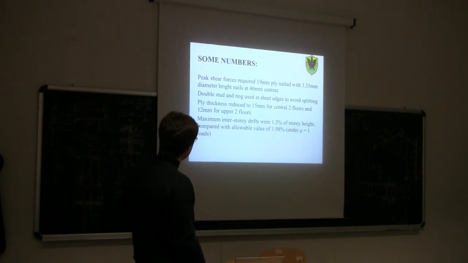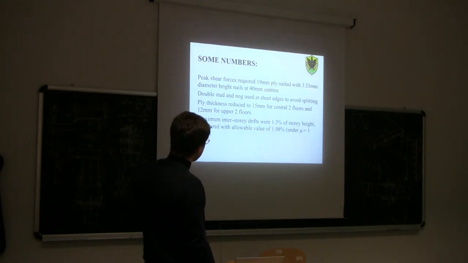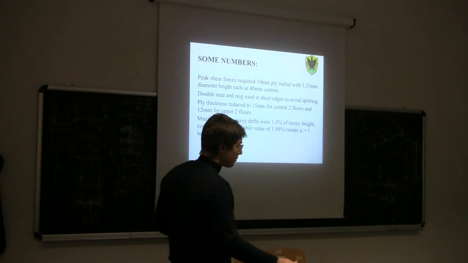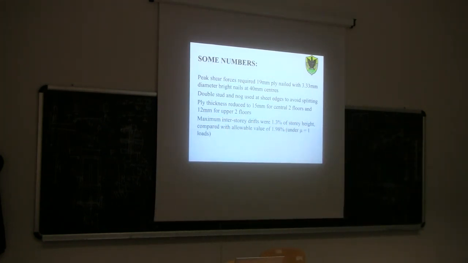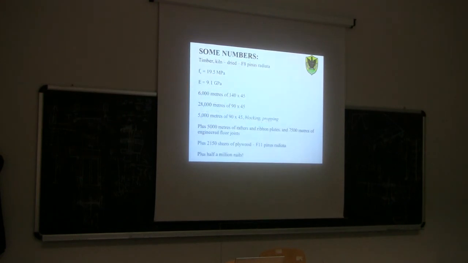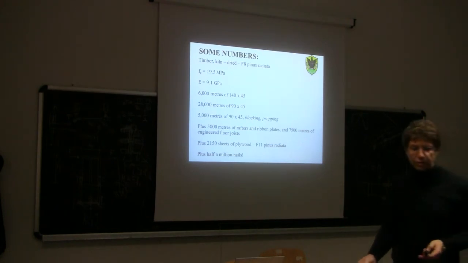So, in the end, they ended up with plywood sheathing 19mm thick, nails of 3.33mm diameter at 40mm center. So we have one nail every 4 centimeters, so 20 nails. The plywood thickness was reduced from 19mm to 15mm for the central two floors and 12mm for the upper two floors. And some numbers, they used solid timber, so another interesting thing is that this whole building was made using solid timber.